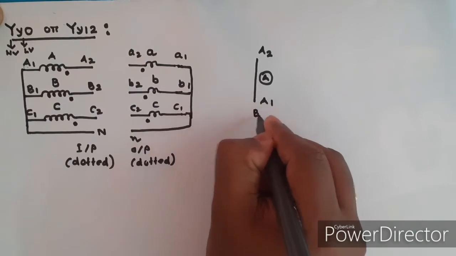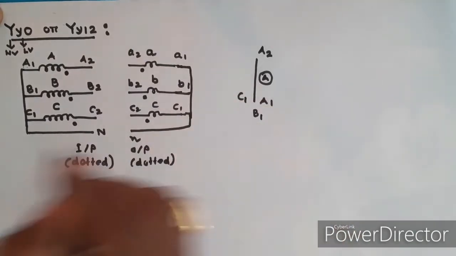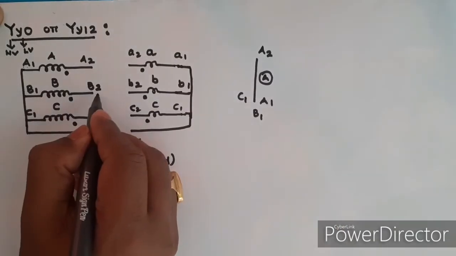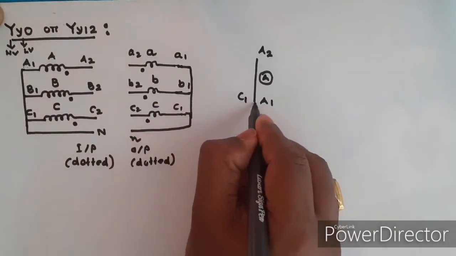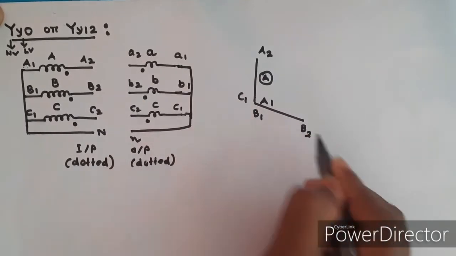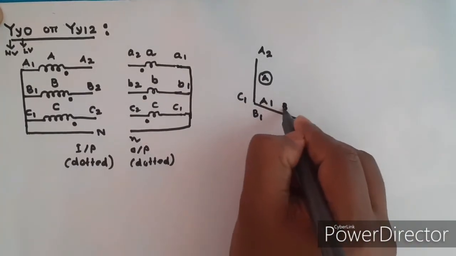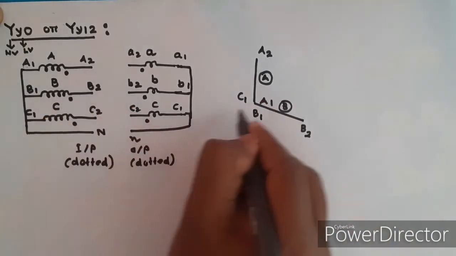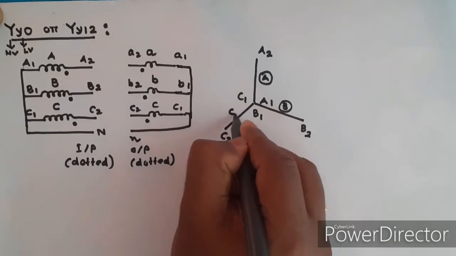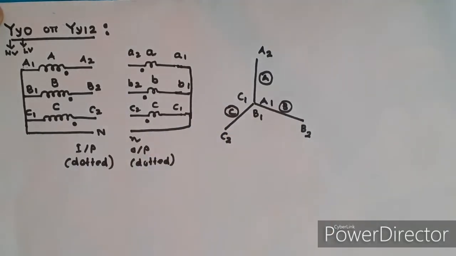Therefore, B1, B2 will be like this. This is the B phase, and C1, C2 will be like this. This is your C phase.